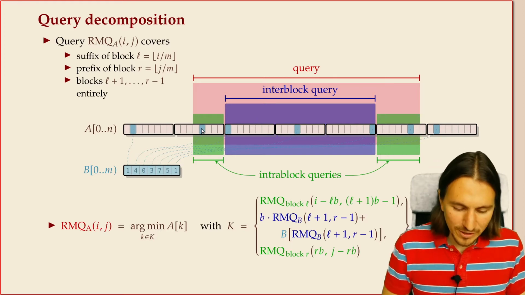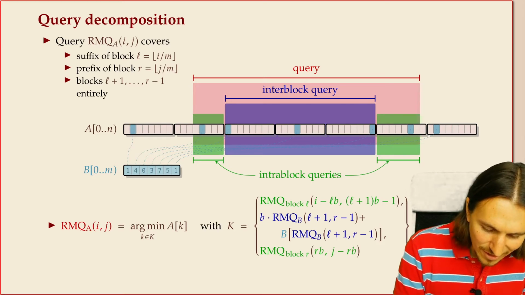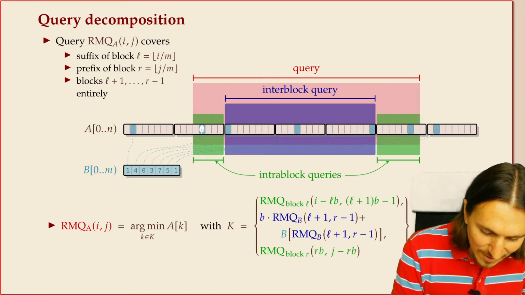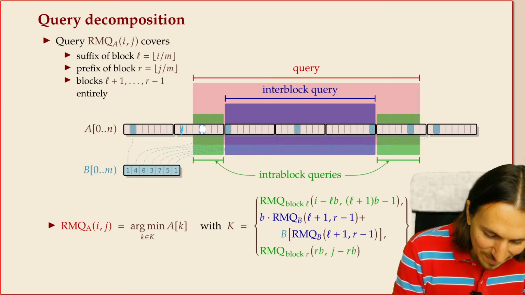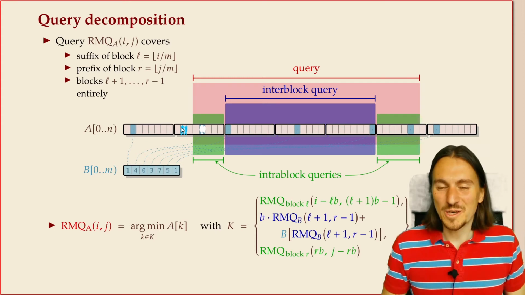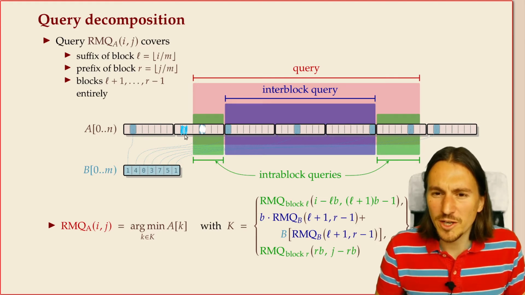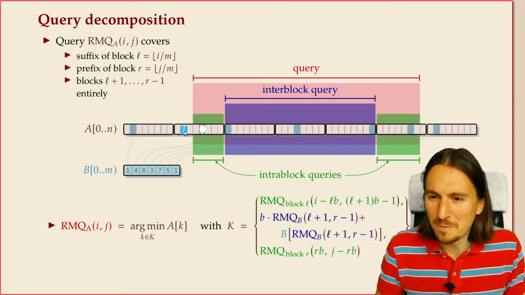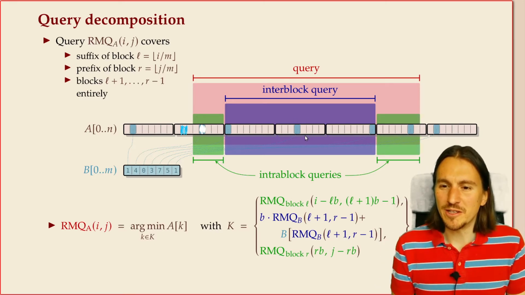Now, the example here is a bit misleading. I would have liked to have this minimum outside. So let's suppose this is not here, but instead is here. What I want to stress here is the minimum of this green range need not be a block minimum. And the same for this one. Whereas for the blue ones, we span the entire block, so it can only ever be a block minimum.